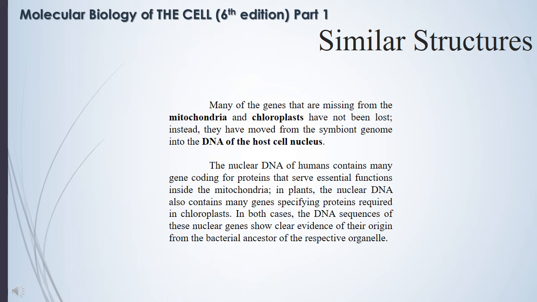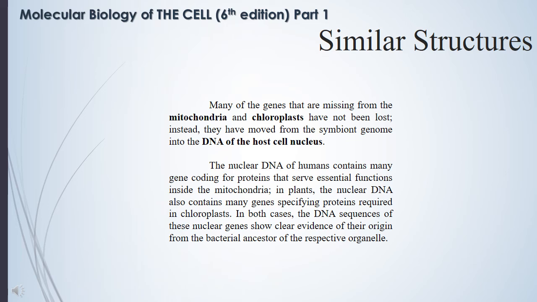So in the modern eukaryotes, there are many genes from mitochondria and chloroplast that have been lost. But in reality, they haven't really been lost, but they have been incorporated into the genomic DNA of the host cell.